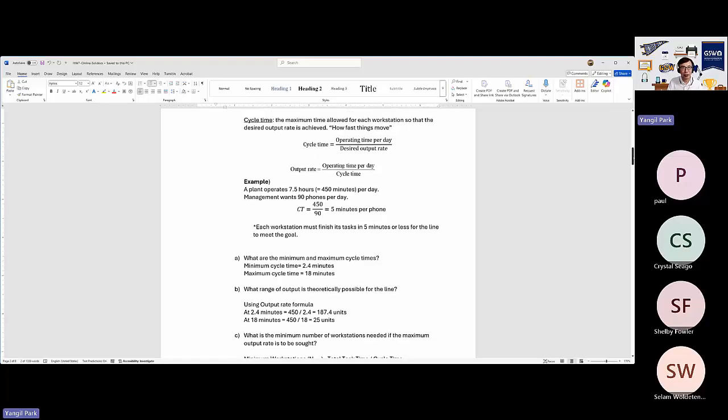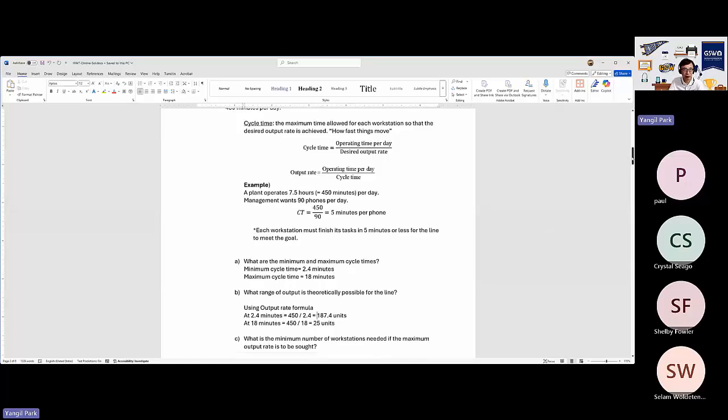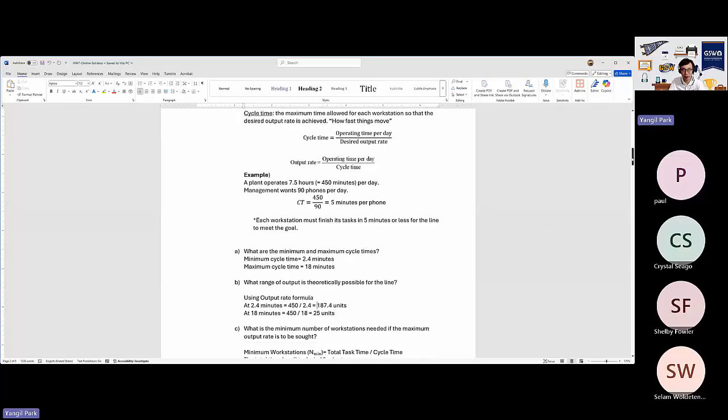We are calculating output, so we're going to take those 450 minutes divided by the cycle times, one is 2.4 and the other is 18 minutes. So we have 187 units, and the other is 25 units, in terms of the highest and lowest level of the product line.